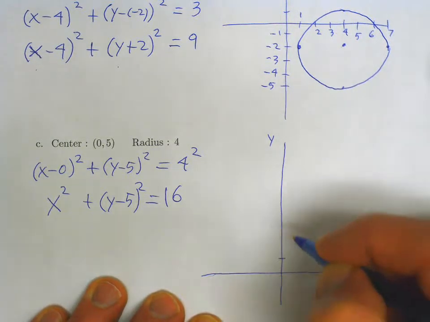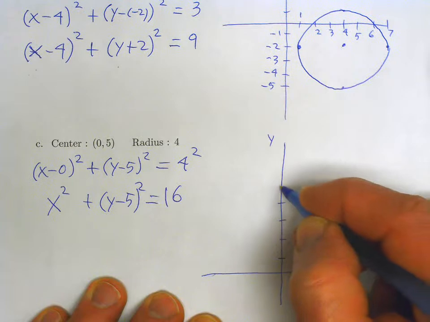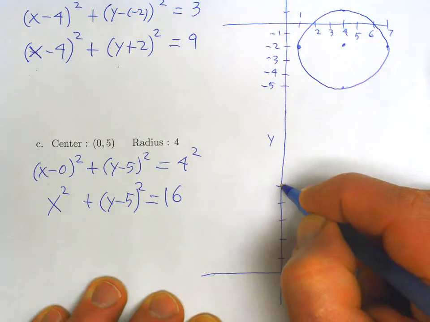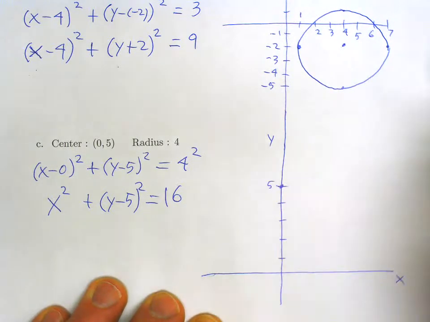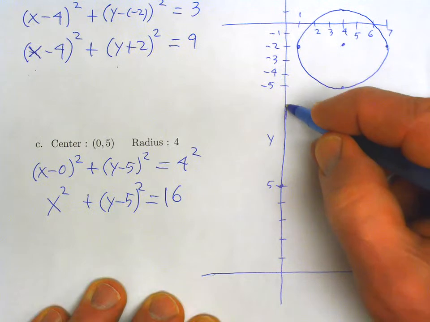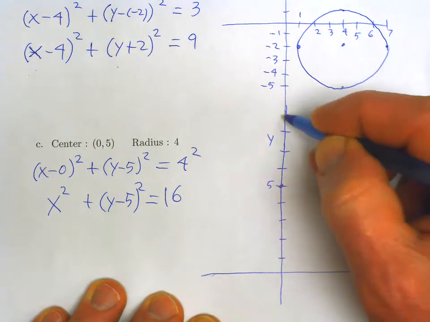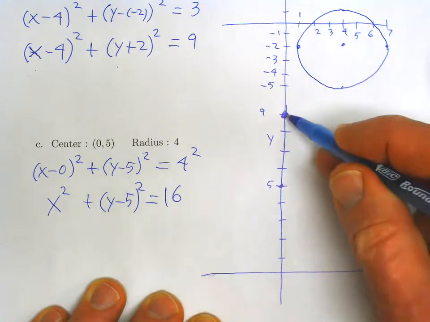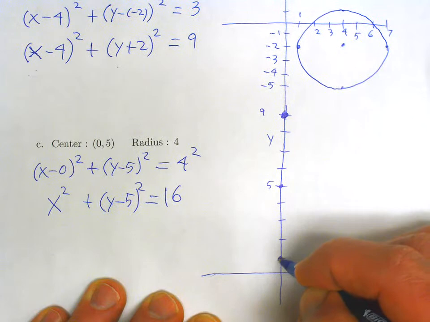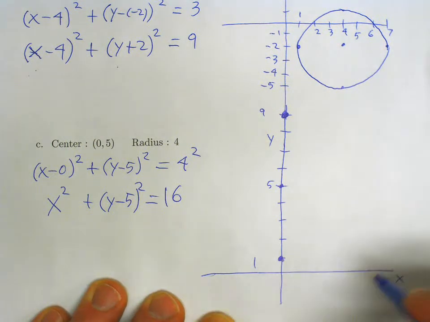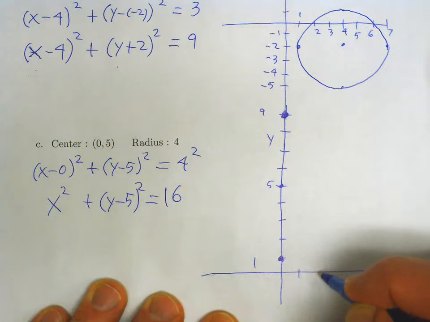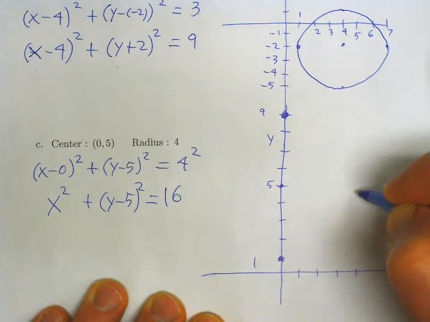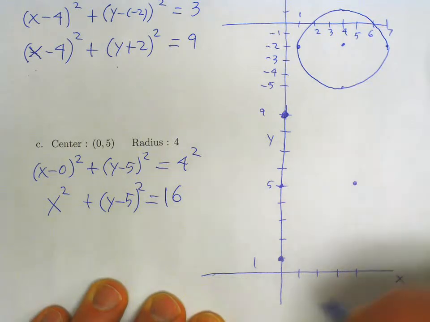Okay, so the center is 0, 5. So that's the center. The radius is 4, so this is a point on the circle. The radius is 4. This point right here is on the circle, and then the point 4, 5 is a point on the circle.